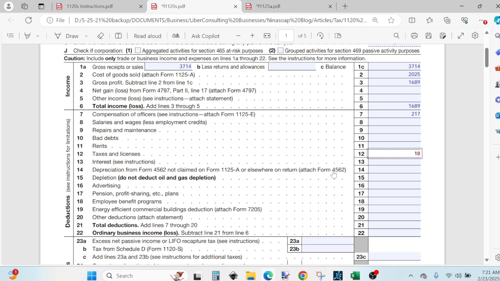Especially if you are using it 100% in your business, it will try to use that section 179, and in that case nothing will go on line 14 if you claim the full amount.